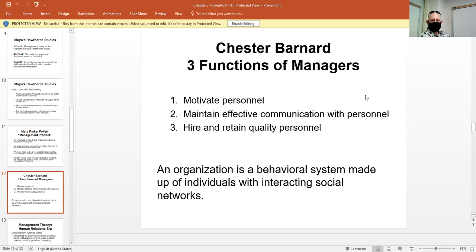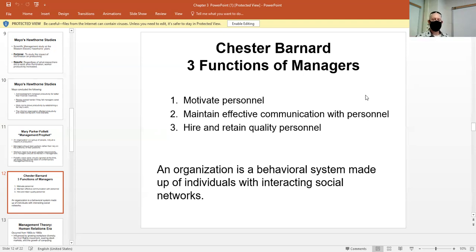An organization is a behavioral system made up of individuals with interacting social networks. And you need to realize that, like we talked about a little bit, how Tom and Jerry don't work good together because they play too much or whatever. You're going to have cliques. You're going to have people who click and people who don't, folks that don't get along, people with different beliefs, people with different tastes.